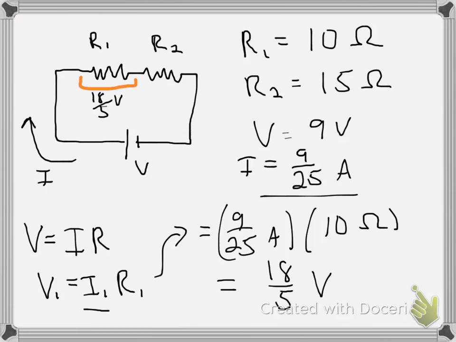And I could do the exact same for R2. The voltage drop across R2 equals the current in R2 times the resistance of R2. In fact, why don't we do that? I'll go to the next page because I want to keep this. I'll just plug in the numbers here.